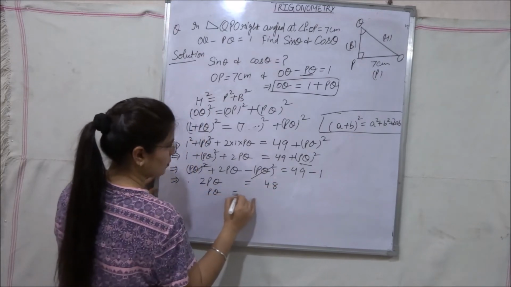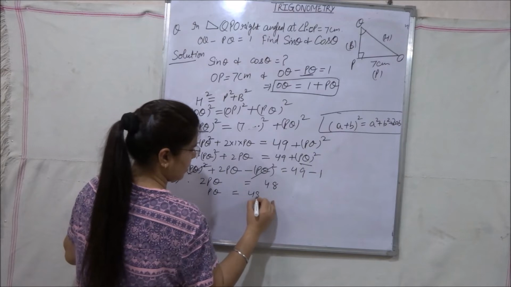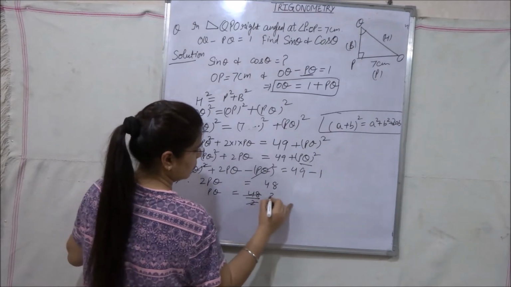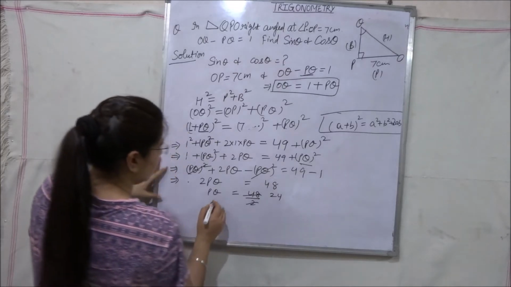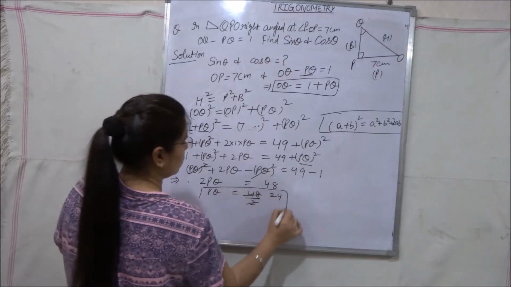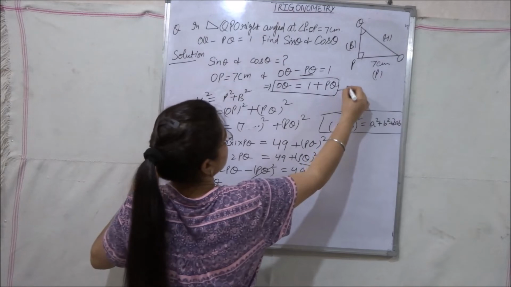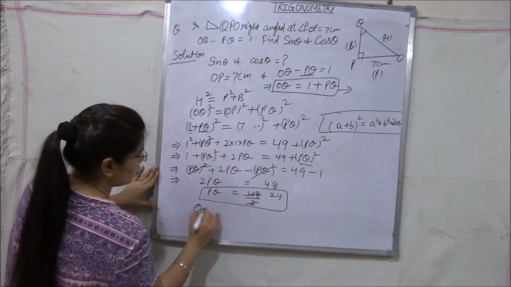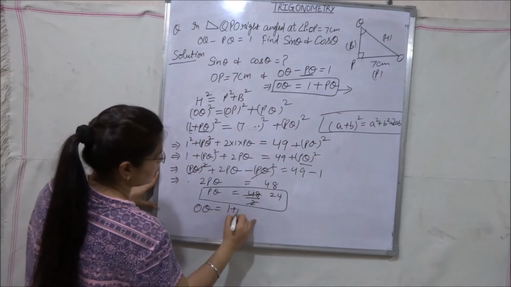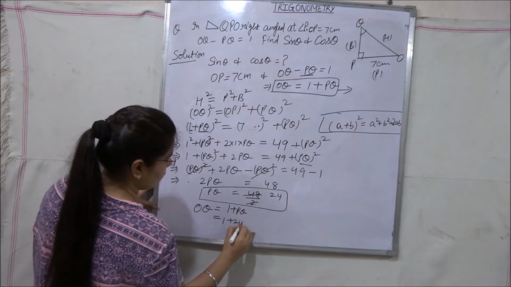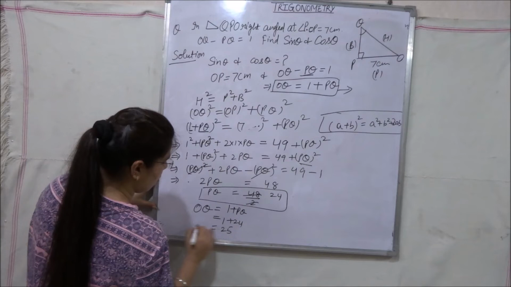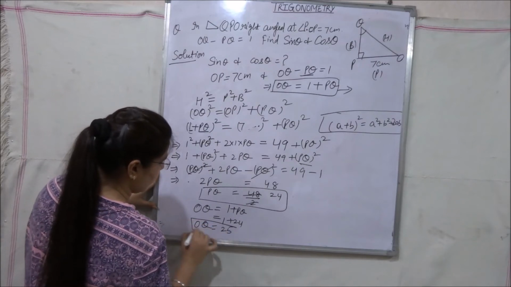PQ is 48 by 2, that is 24. So the value of PQ is 24. Put this value in this: OQ is 1 plus PQ, that will be 1 plus 24. So the value of OQ is 25.